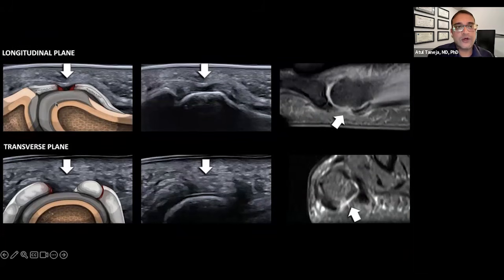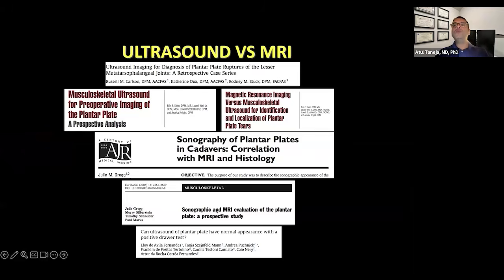Let's move. Okay, so sagittal view or longitudinal view, transverse plane, and the same case on MRI, defect, proximal retraction, and a large defect on short axis, all right? How about ultrasound versus MRI as I go into MRI findings?